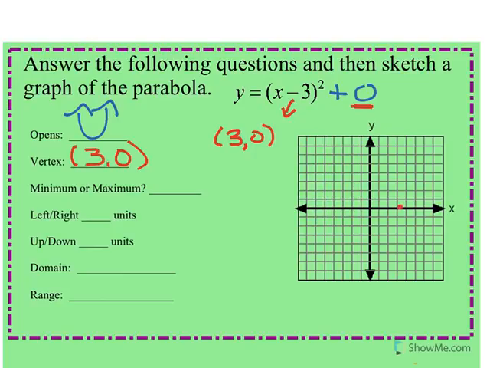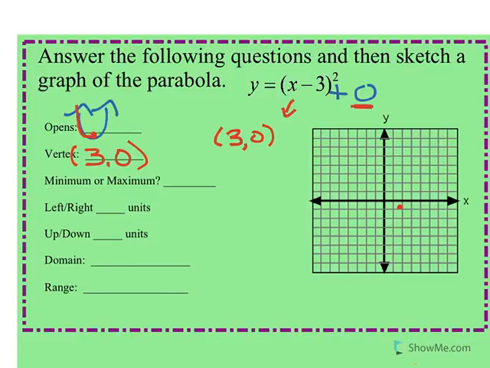Is that a minimum or a maximum? Well, if my parabola is open facing up, that means that is the lowest point before the graph begins to change direction and move up. So that is a minimum value. Is the graph moving left or right? Because it's x minus 3, which we did the opposite, positive 3, that means it's moving 3 to the right.